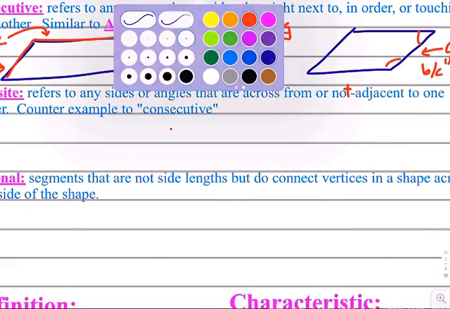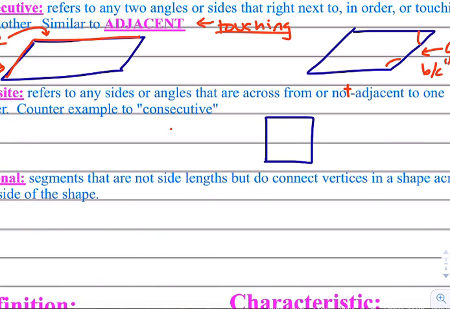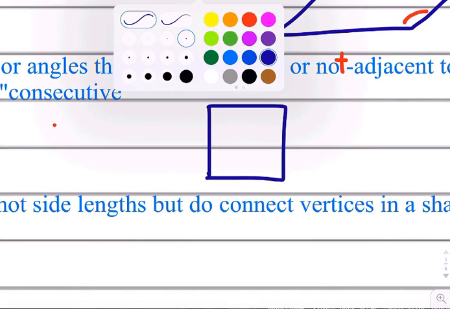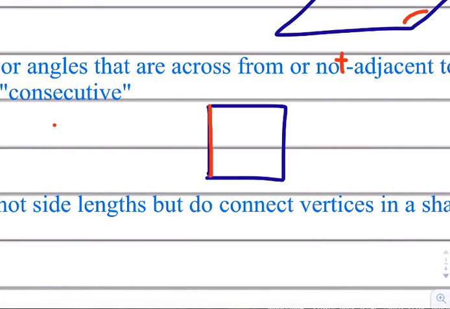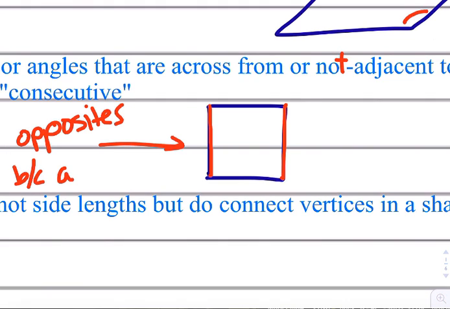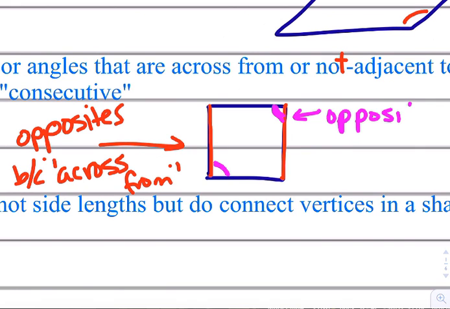Let's draw a picture first. If I have a picture of what could be a square, opposite sides refers to these guys. Those are opposites, because they're across. Another example, and I'll put that in pink, could be these two angles. These are opposite because they're across.